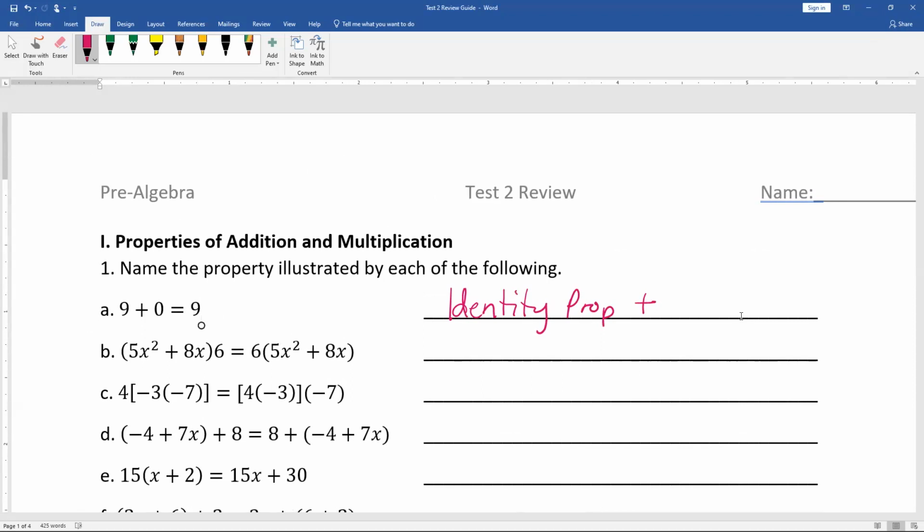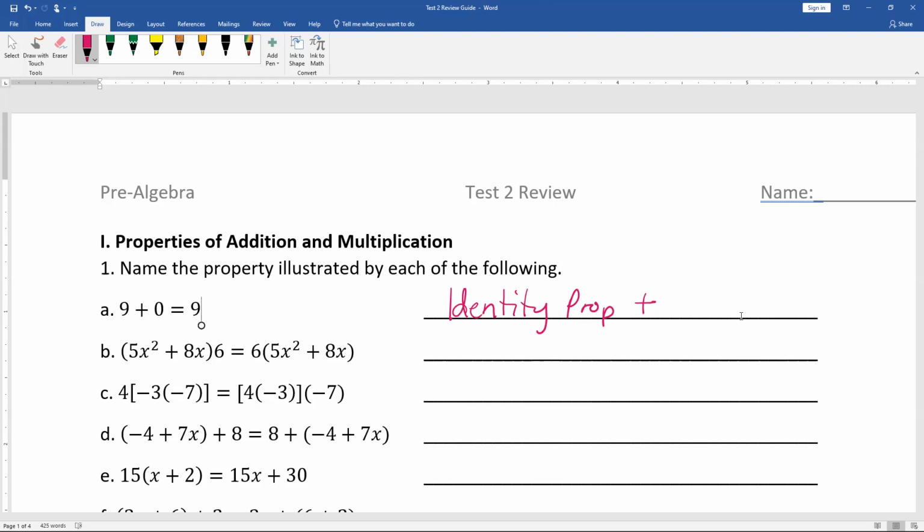All right, what about B? What have we done here? We just flipped the parentheses and the variable on the outside, the 6. So what do those parentheses mean?